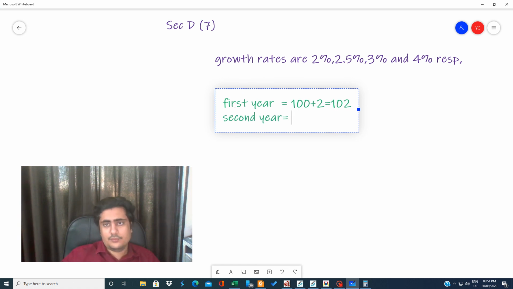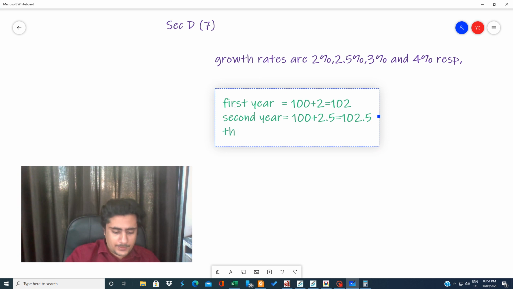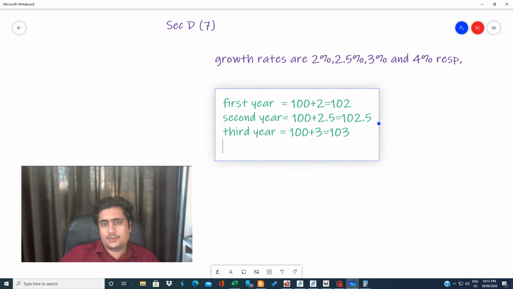In the second year, it is 100 plus 2.5, that is 102.5. In third year, it is 100 plus 3. Fourth year, 100 plus 4.